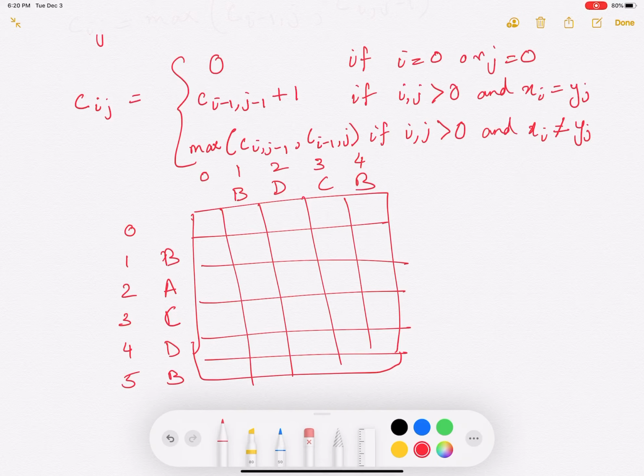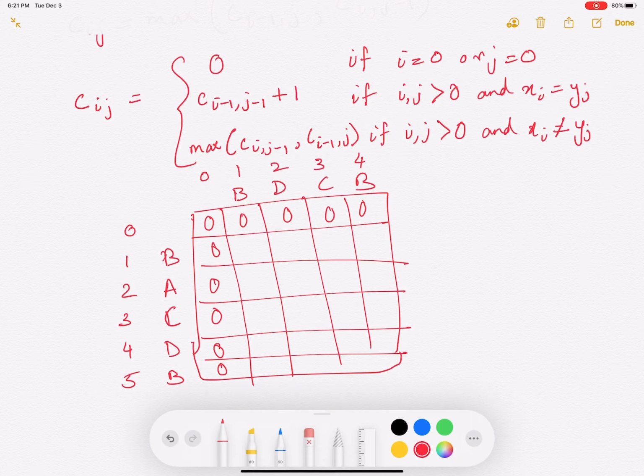If i or j is 0, we are going to get all zeros in here, so we can put 0, 0. Note that at this point, we have only talked about how to get the length of the longest common subsequence. Soon we'll talk about how we can actually get the longest common subsequence as well.